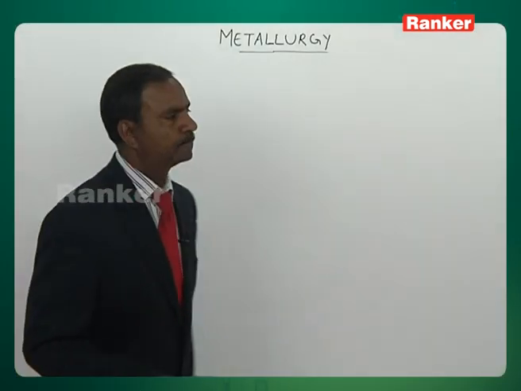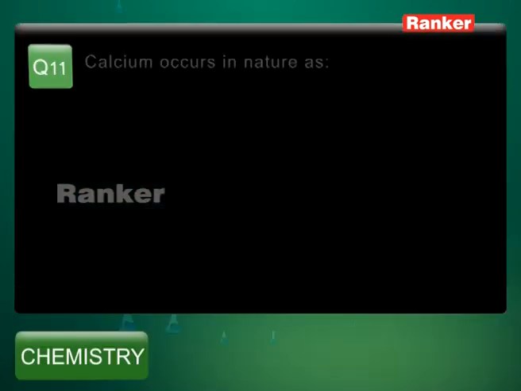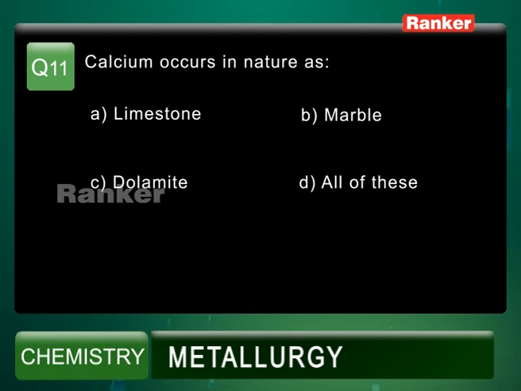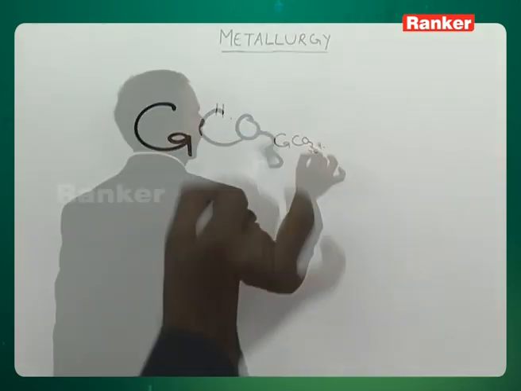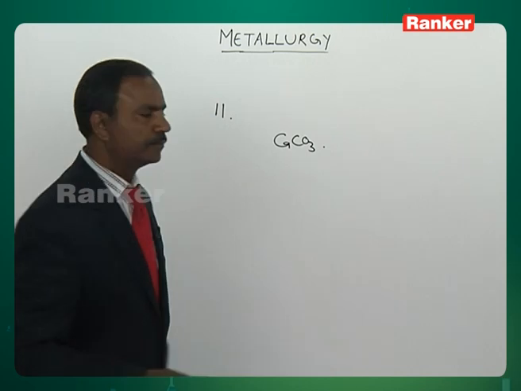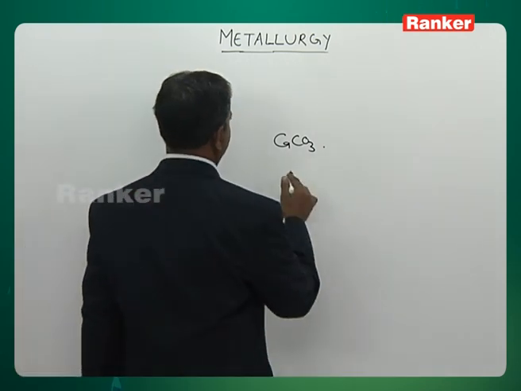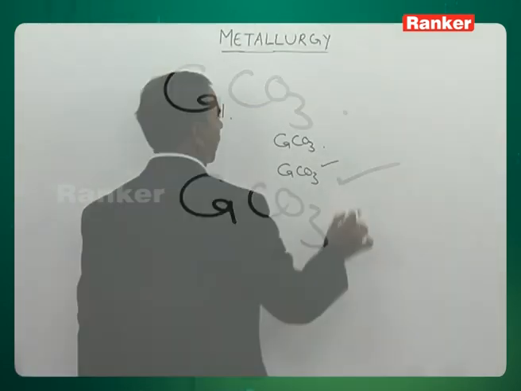Question number 11, calcium occurs in nature as limestone. Generally, calcium is available in nature in calcium carbonate form. Limestone is calcium carbonate. Marble is actually white stone, you might be knowing, that also carries calcium carbonate as the major component.